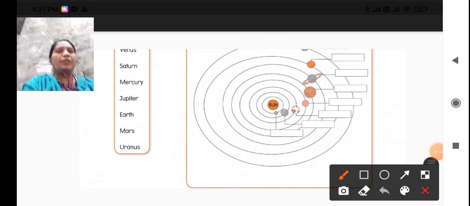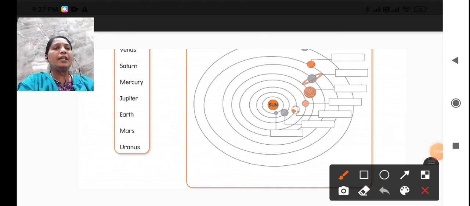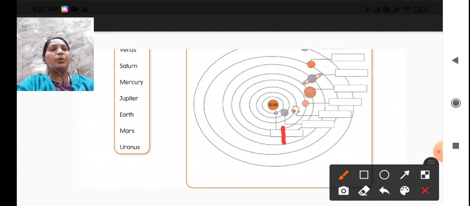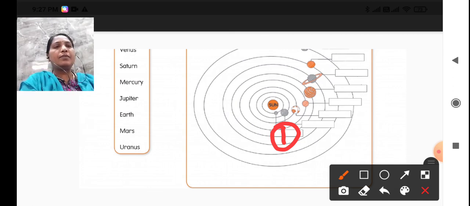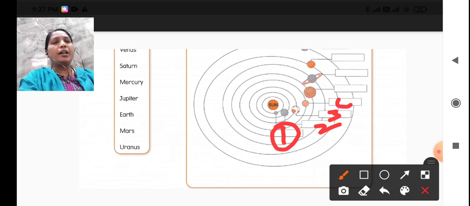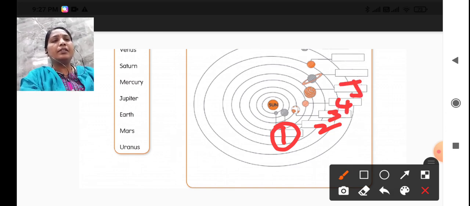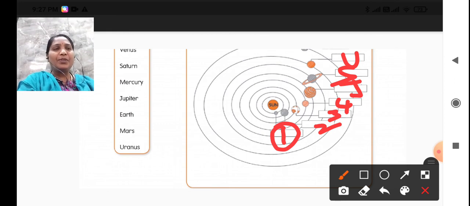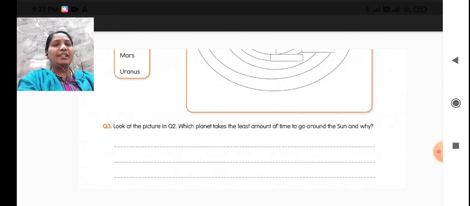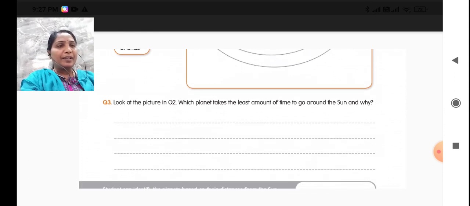So the first one is very close to the sun, that is Mercury. So here you write Mercury, and the next one is Venus, and third one is Earth, Mars, Jupiter, Saturn, Uranus, Neptune. Okay, so you can write this answer by revising the sentence which we discussed just before.